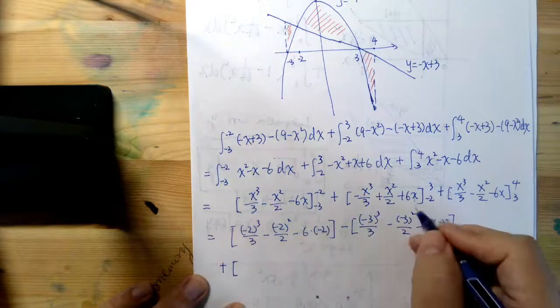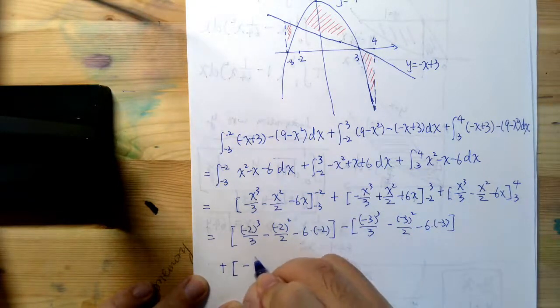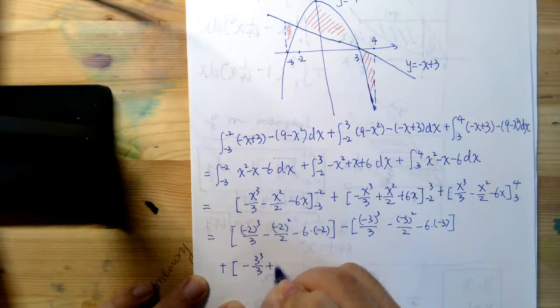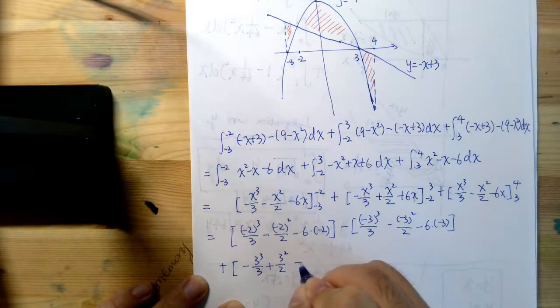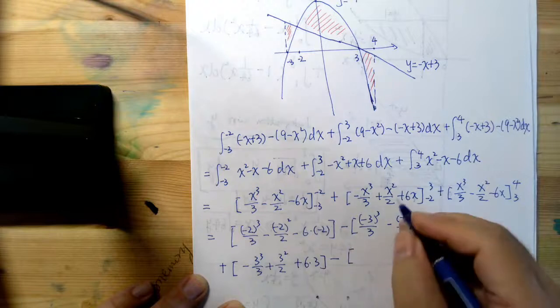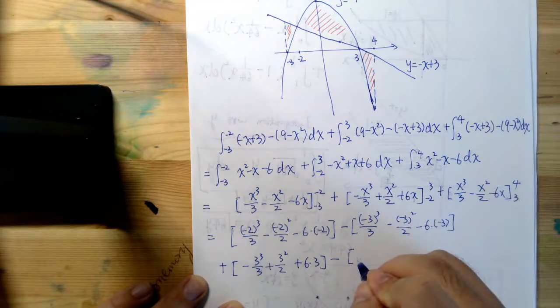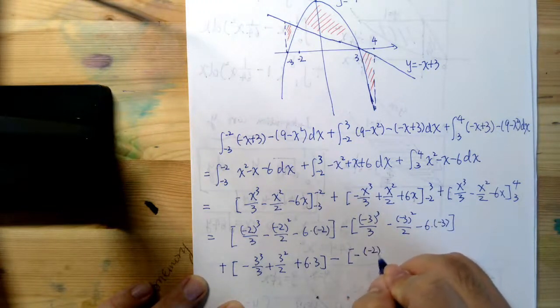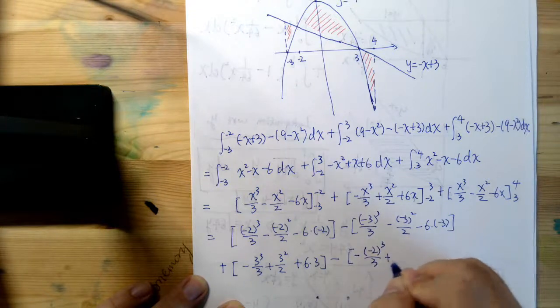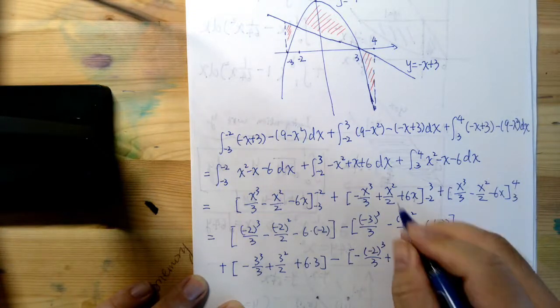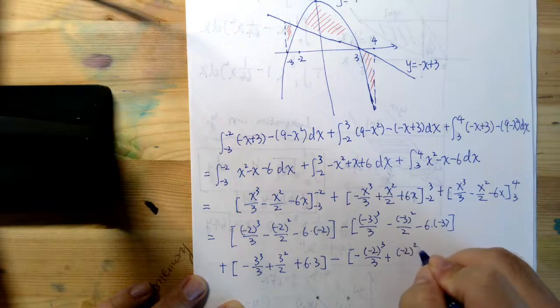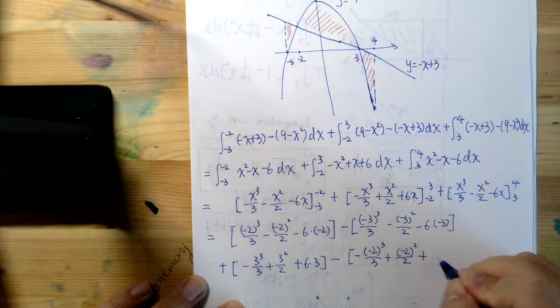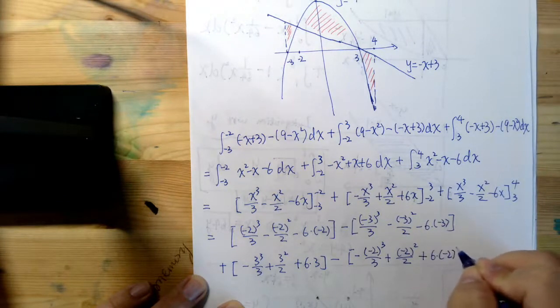Plus negative 3 cubed over 3 plus 3 squared over 2 plus 6 times 3, minus plug in negative 2, which is negative 2 cubed over 3 plus negative 2 squared over 2 plus 6 times negative 2.